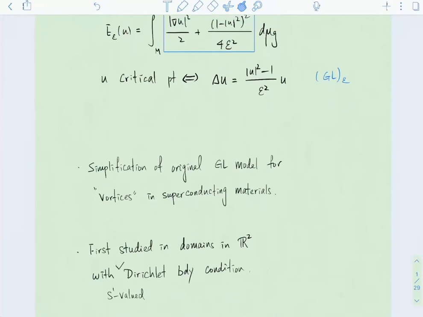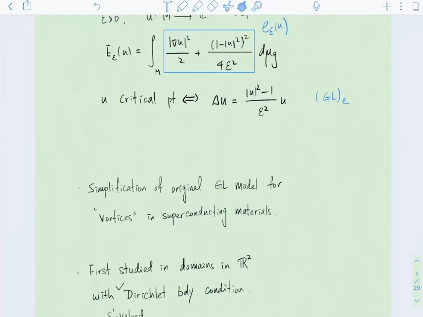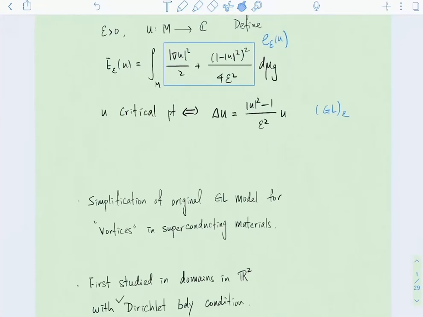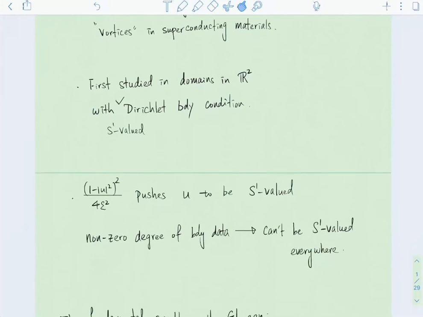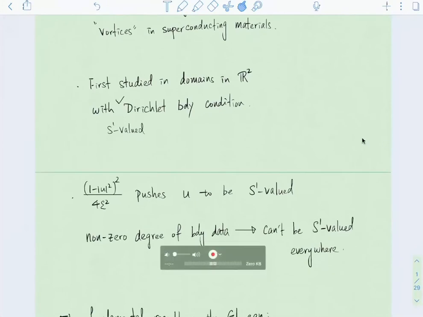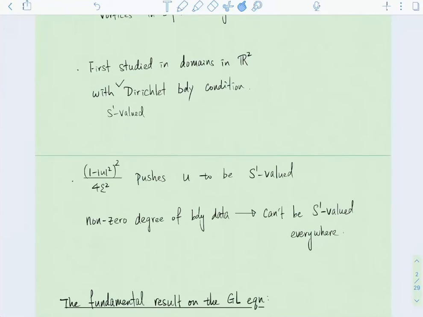Mathematically, if you look at the energy density, the potential term, when epsilon is small, pushes the map to be S^1 valued. On the other hand, if the boundary condition has non-zero degree, then the map cannot have S^1 value everywhere. So there's a competition between the potential term and the boundary data, and you expect to see something interesting as epsilon goes to 0.